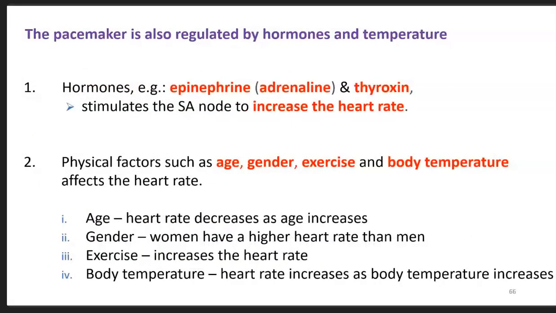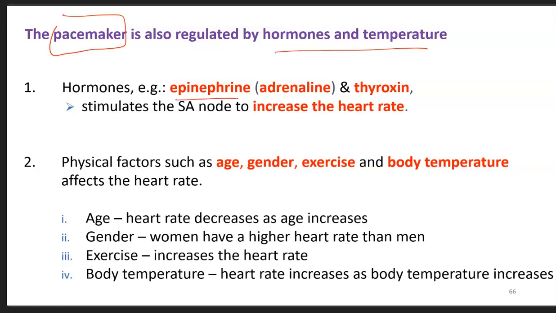Okay, so next, the pacemaker is also regulated by hormones and temperature. Okay, so these are the factors that influence basically later the heartbeat, the heart rate. The heart rate and the heartbeat is the same, the cardiac output, okay. So the pacemaker is also regulated by hormones and also temperature.